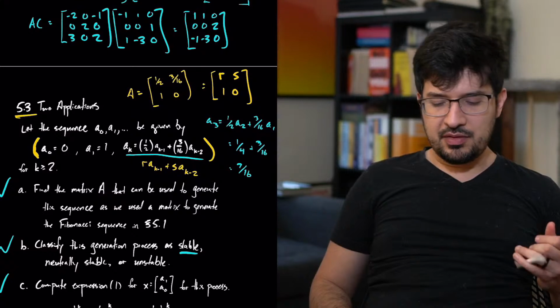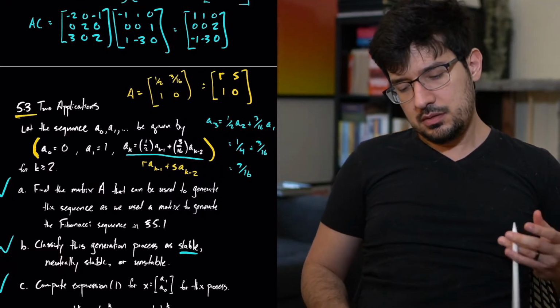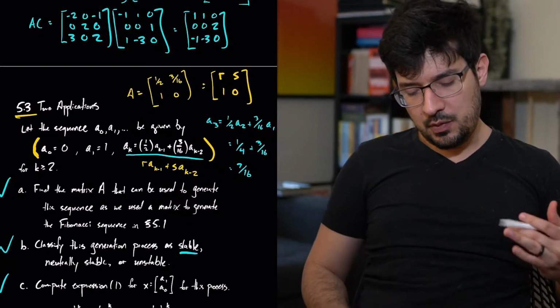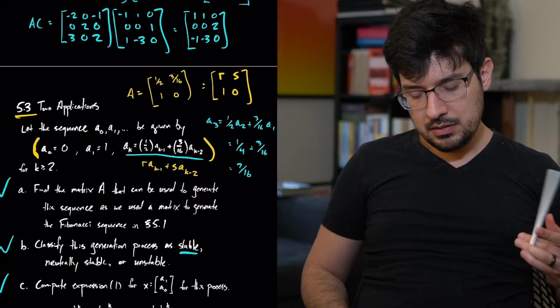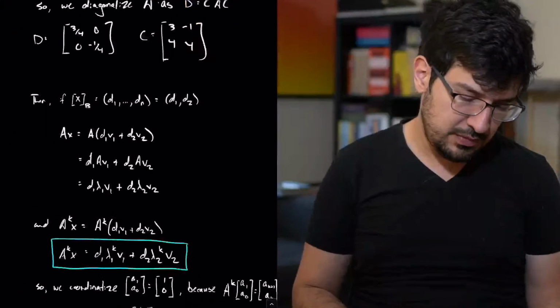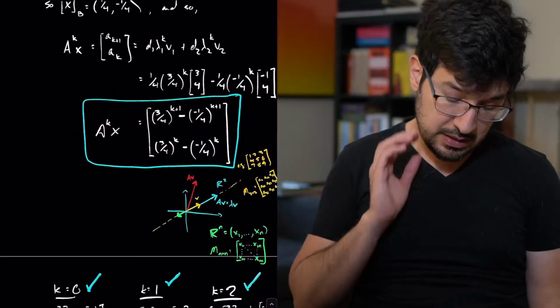Seven sixteenths is less than 1/2, so no. A4, the fourth term, I bet is even less. Yeah. That sequence is always going to reduce, I think.